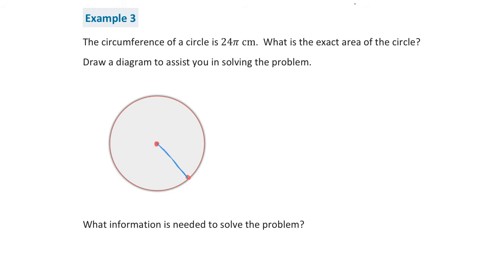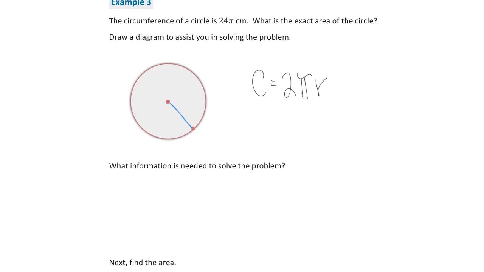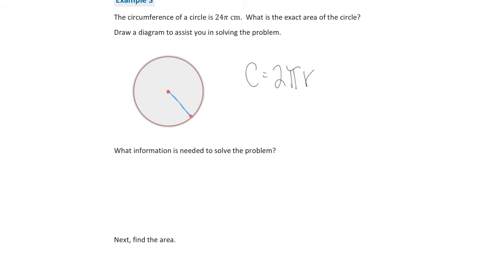And remember, it's important that we draw a radius for this one because we're trying to find the circumference. And the equation for circumference is 2 pi r, which means 2 times pi times our radius. So what information is needed to solve this problem?